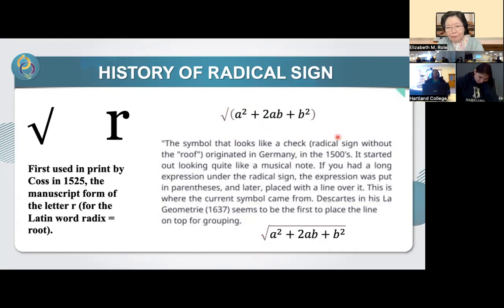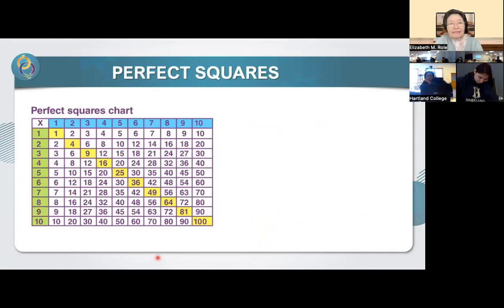Instead of just putting parentheses to group the radicand, they used the roof. This was introduced by Descartes, and this is what we are using nowadays. Okay, so that's just a little history. Let's proceed.